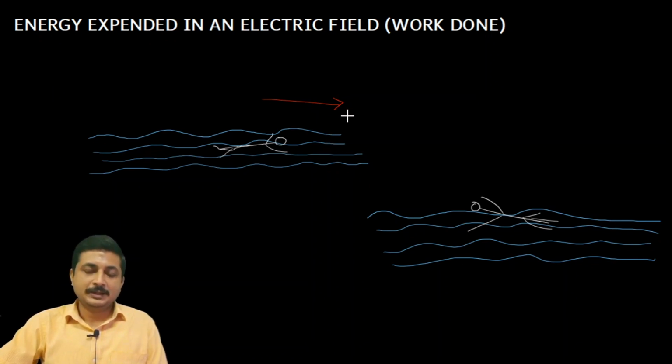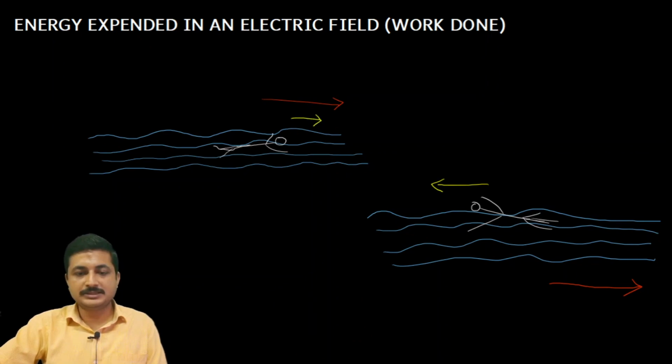Agree? Okay, coming to the second case, here also the direction of the river is from left to right, but the direction in which you are swimming is from right to left. So here the swimming direction, which I indicate by the yellow arrow, is exactly opposite to the flow of the river.